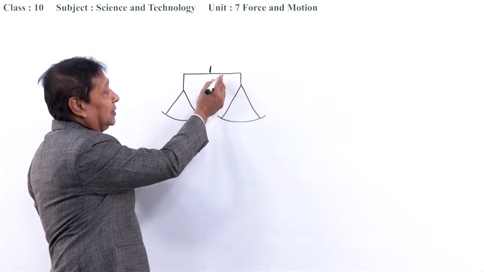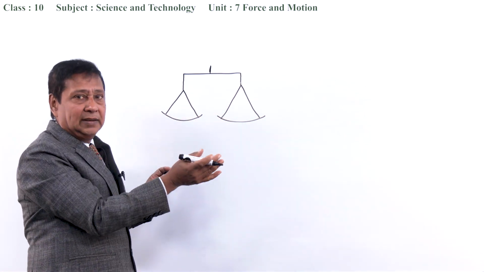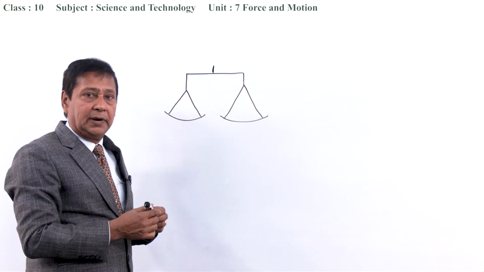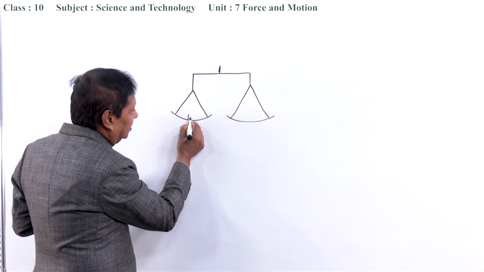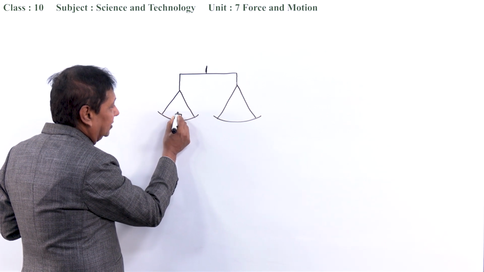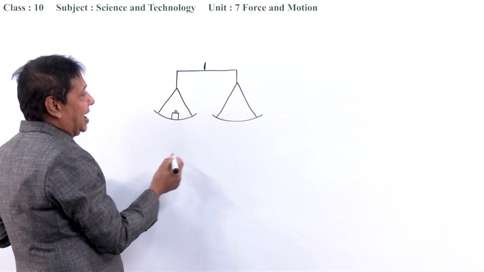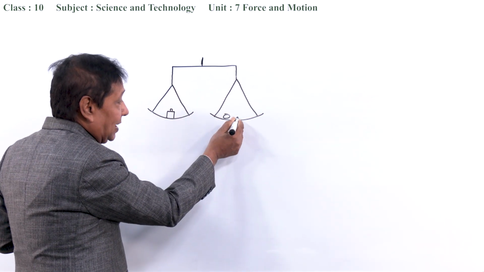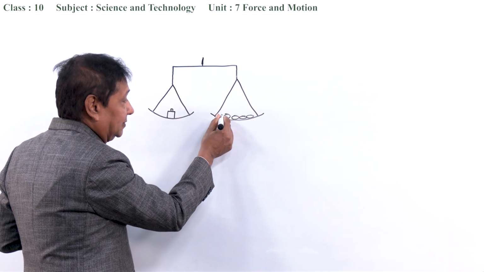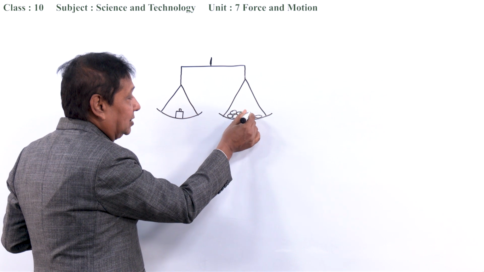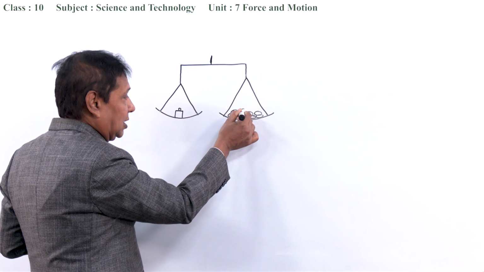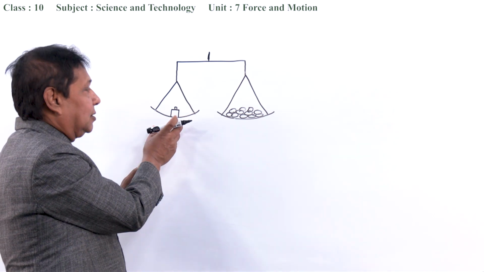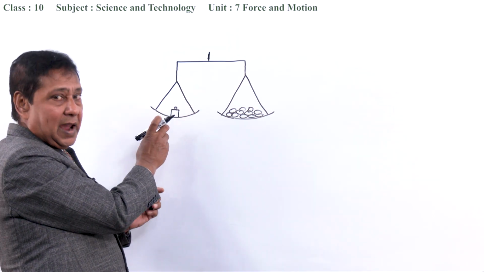This is the beam and we have two pans. Wherever we have to measure the mass of a body, we take a standard mass at this place, and we compare the standard mass with the unknown mass, whatever we have to measure. I mean to say, if we have to measure the mass of sugar or potato, that should be taken in another pan, and the standard mass should be taken in one pan.